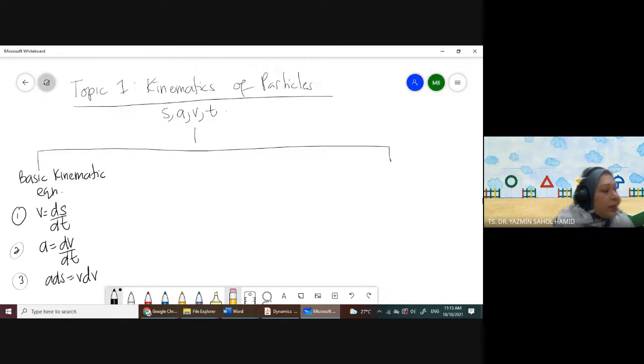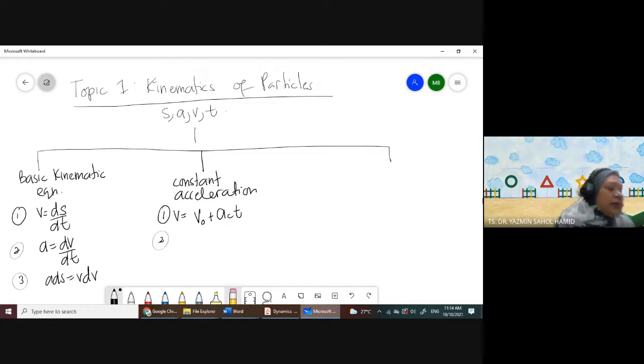We also learned the basic kinematic equations concerned with constant acceleration. Do you remember the formula? The first is v equals v naught plus a_c t.